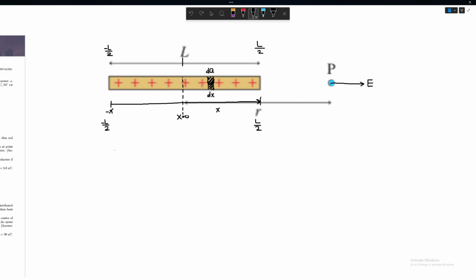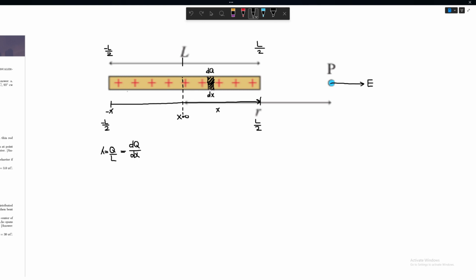All right. So what I'm going to say is, since lambda equals Q of the whole rod divided by the length of the whole rod, which gives me the density of the charge on that rod, then the charge dq over dx is the same lambda, right? Because this lambda is constant no matter if I take a small box or a big box.